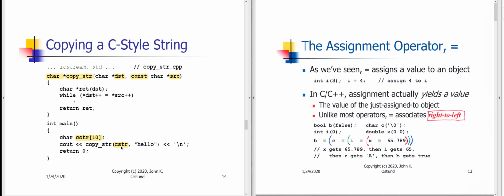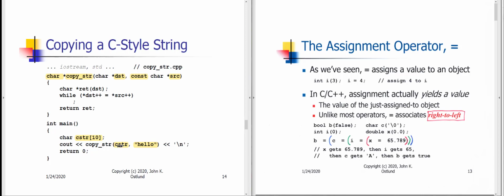All right, so I'm using cstir as the destination array into which this source string, C string, is going to be copied. All right, so the source C string is a string literal, HELLO, and a null.